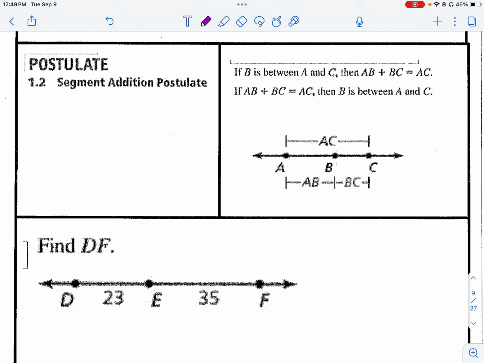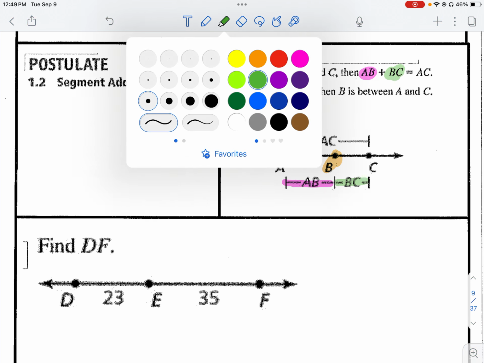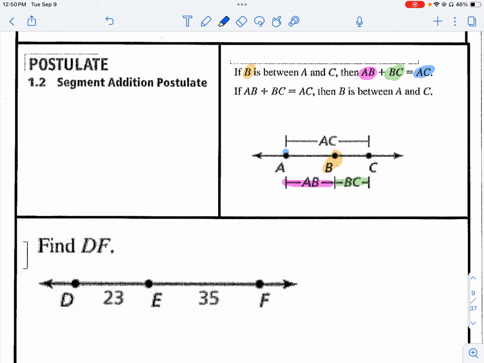Which is going to bring us to our next postulate, which you were all excited for, and it's our segment addition postulate. So, if point B, right here, is between A and C, then AB plus BC is going to equal AC.